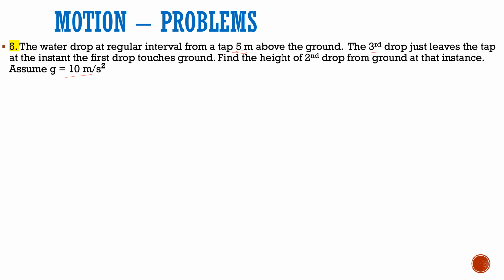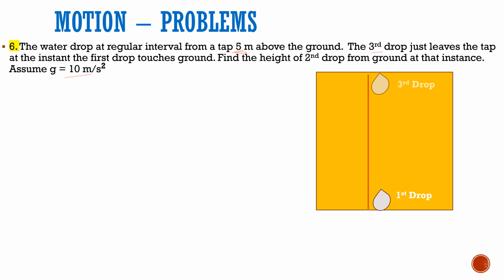That is known, and g is 10. So half g t square is the distance covered. So the distance covered 5 is equal to half g t square. So from there we can find the time a drop basically takes to reach the ground.